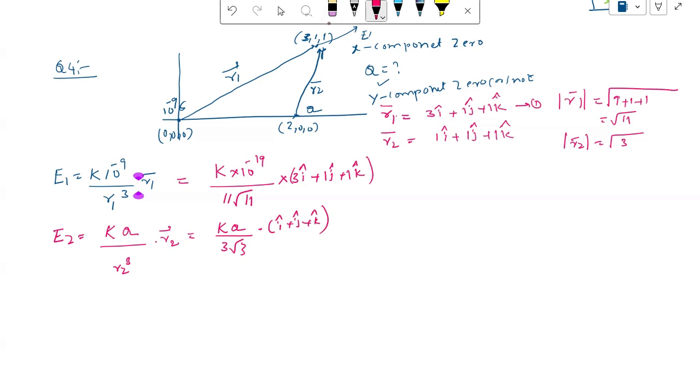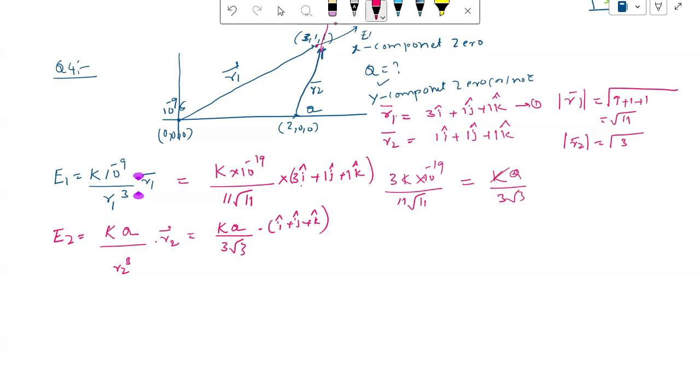At this point, X component is said to be 0. So the X component of these two is 0, which means 3 K into 10 to the power of minus 9 by 11 root 11 is equal to KQ by 3 root 3.